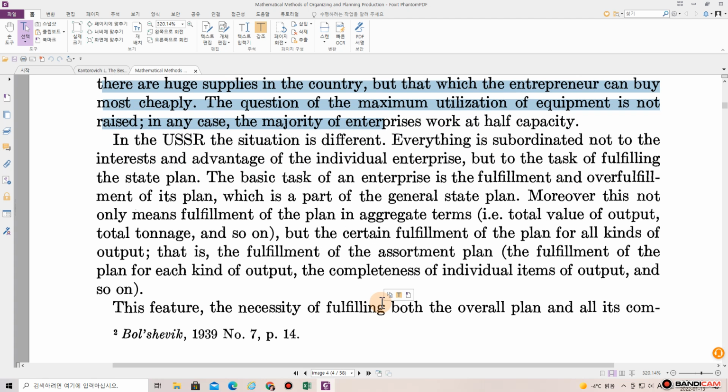Everything is subordinated not to the interests and advantages of the individual enterprise, but to the task of fulfilling the state plan. The basic task of an enterprise is the fulfillment and the over-fulfillment of its plan, which is a part of the general state plan.